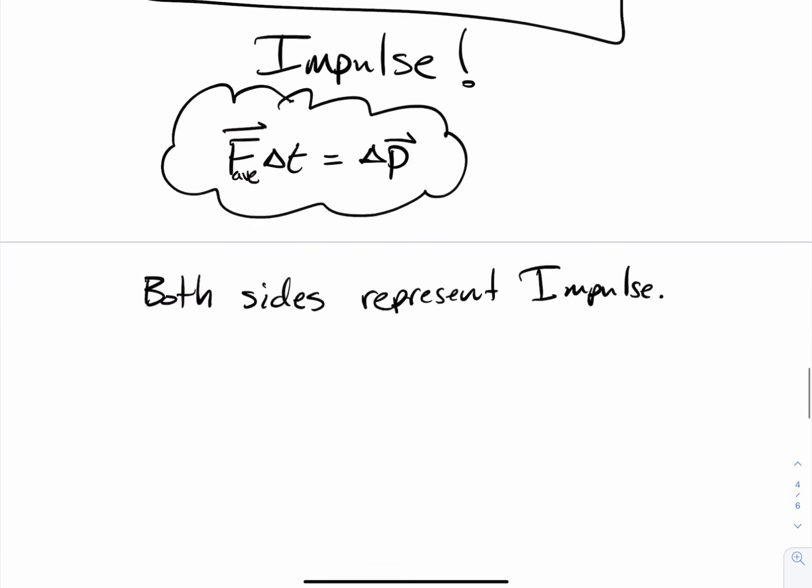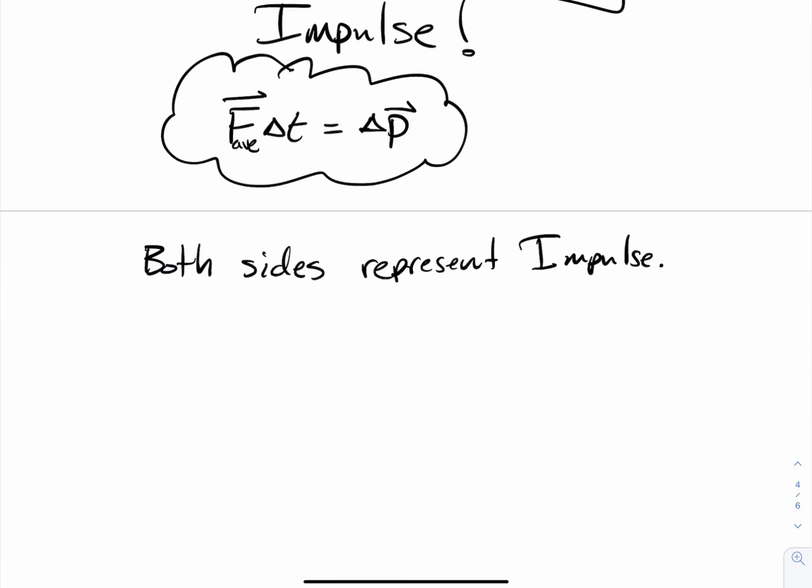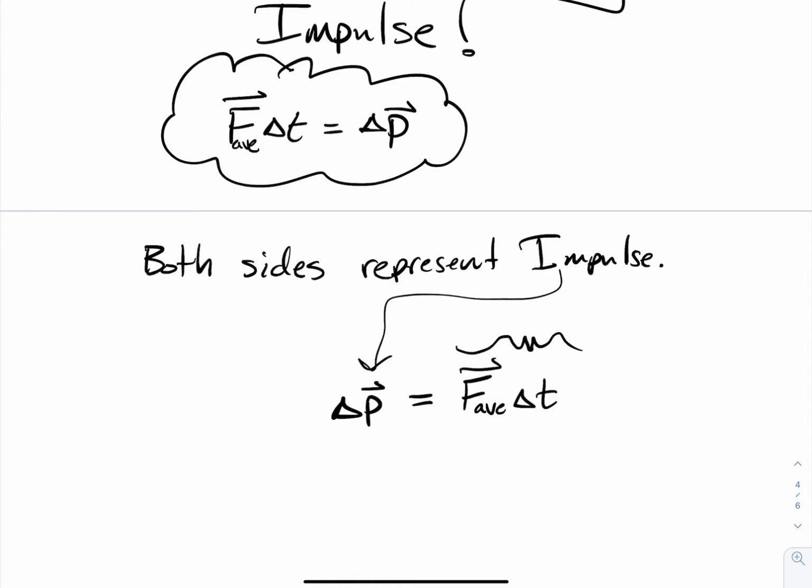What this equation is saying in English is that the change in momentum, which is equal to impulse, during any collision is the same as the force that causes the change in momentum multiplied by the time that the collision is taking place. And this whole quantity is also impulse.